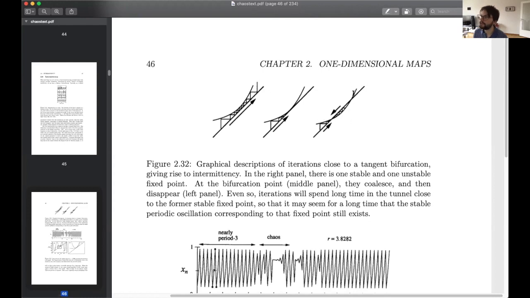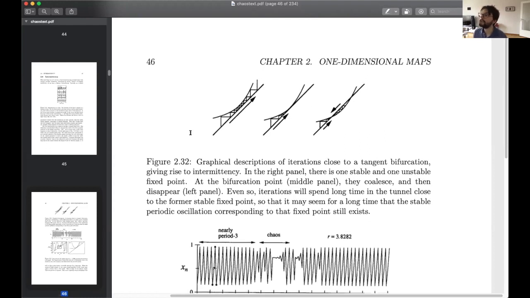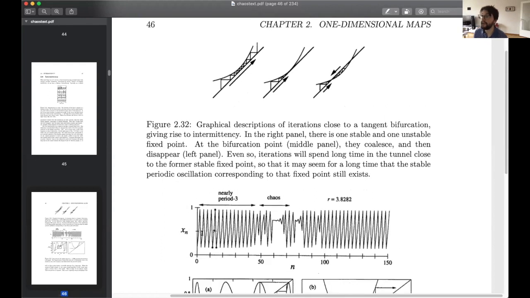If it's touching twice, then you have two fixed points that sometimes can be interpreted as a 2-periodic solution. So what is happening here is that as the map moves closer to this fixed point, the iteration gets more and more dense. And the more dense it becomes, the more regular is the behavior in time.